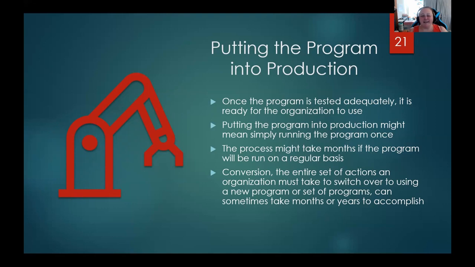And it's not always just quick and easy. Sometimes the switch over to the new program can be gradual, or it can be all at once and all of the new features are available. There are different types of putting these programs into production, and usually that's determined ahead of time so that it can help the programmer understand how to program.